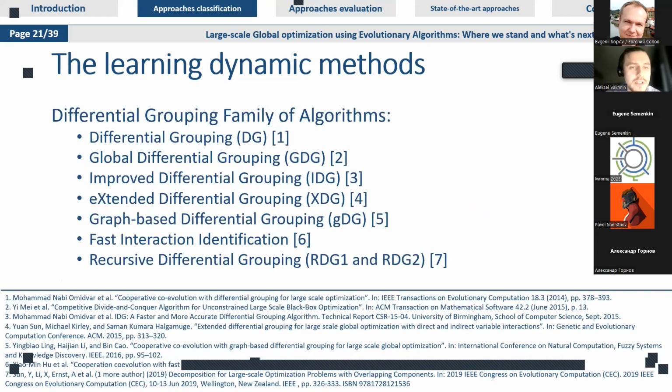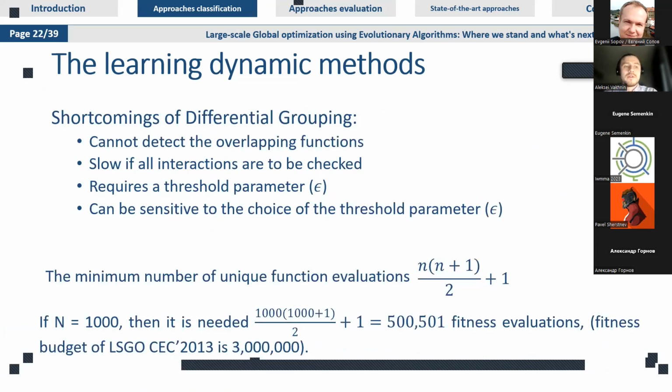And here you can see the most popular algorithms which use some sort of differential grouping. So a few words about differential grouping. Of course, it has some advantages and some disadvantages. The first disadvantage is that it cannot detect the variables in overlapping functions.